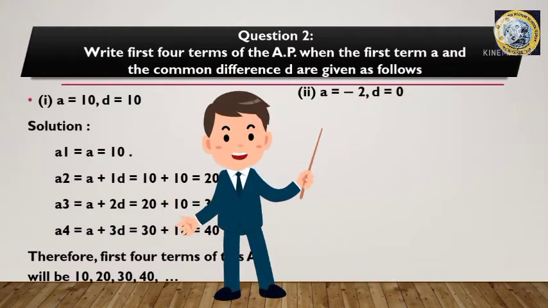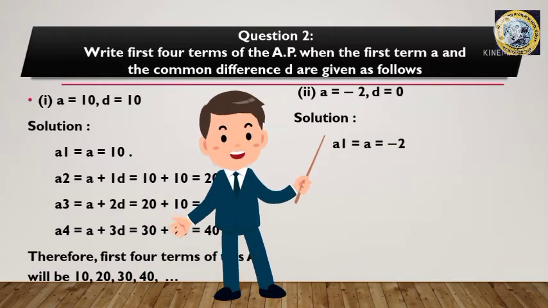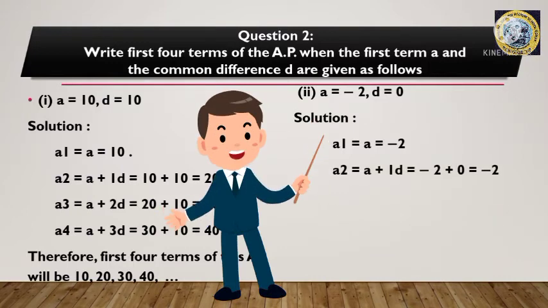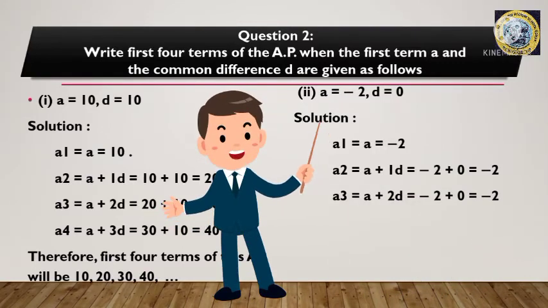Second sub-question: if the first term A is equal to minus 2 and the common difference D is equal to 0, then solution. Already given A1 is equal to A is equal to minus 2, and the second term A2 is equal to A plus 1D, which is A value minus 2 plus D value 0. So minus 2 plus 0 is equal to minus 2.